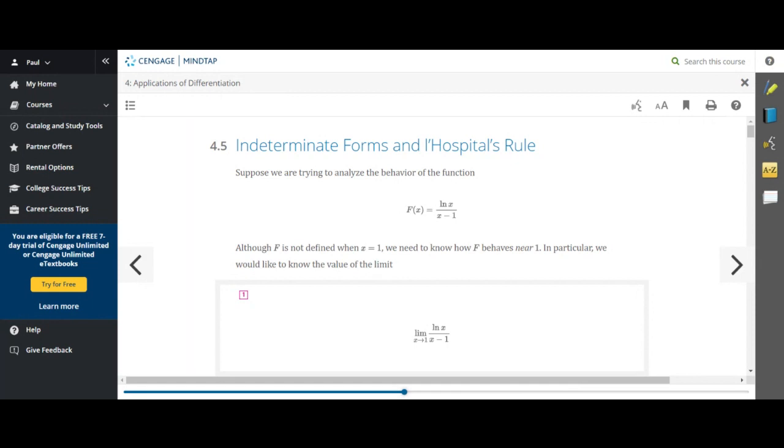We want the limit of the log of x over x minus 1 as x approaches 1. How does the log function behave as x approaches 1? Well, what is the log of 1 equal to?